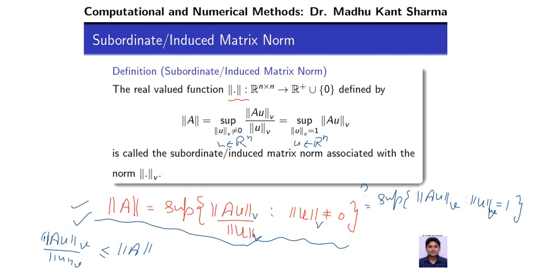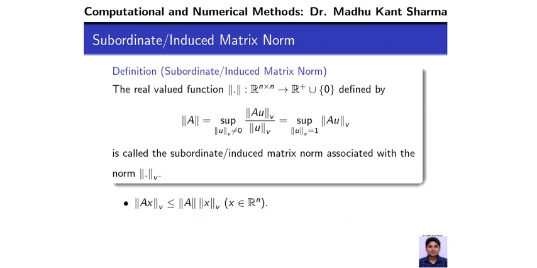What will it give you? It will give you that norm of Au is always less than or equal to norm A times norm u.